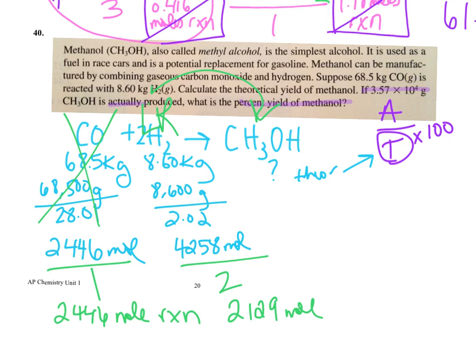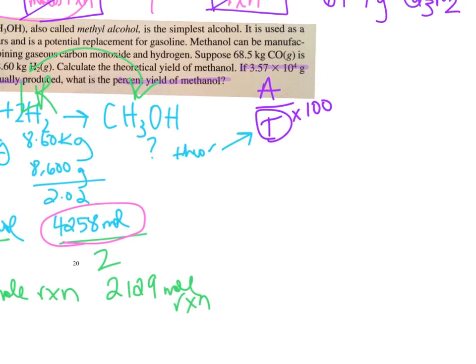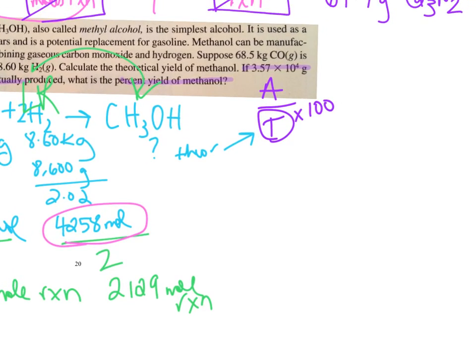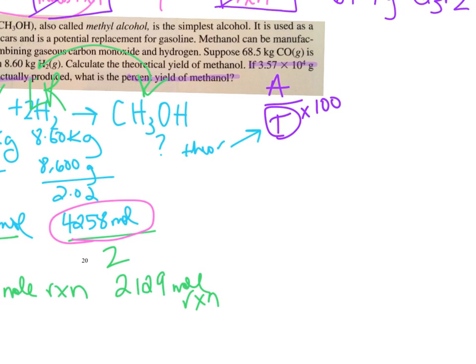So let's start with the moles. Really important when you do your problem, go back to the moles, not the moles of reaction, because the moles of reaction is not utilized in that way here. We're going to take these moles and start a dimensional analysis. So I'm going to get 4258 moles of H2.